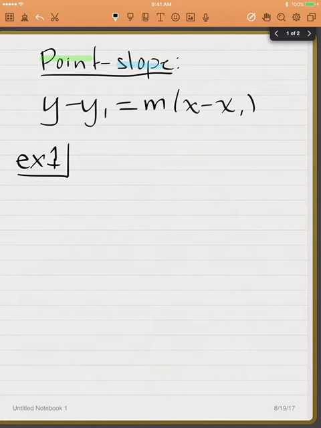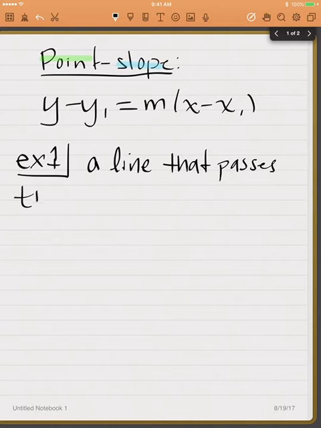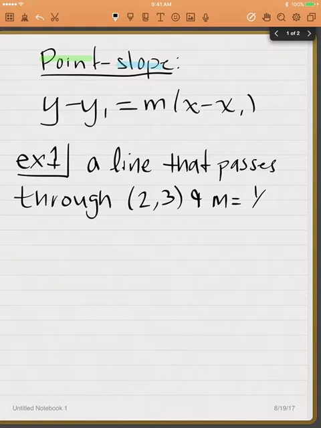So let's say we have a line that passes through the point 2, 3 and has the slope or rate of change of 1/2.